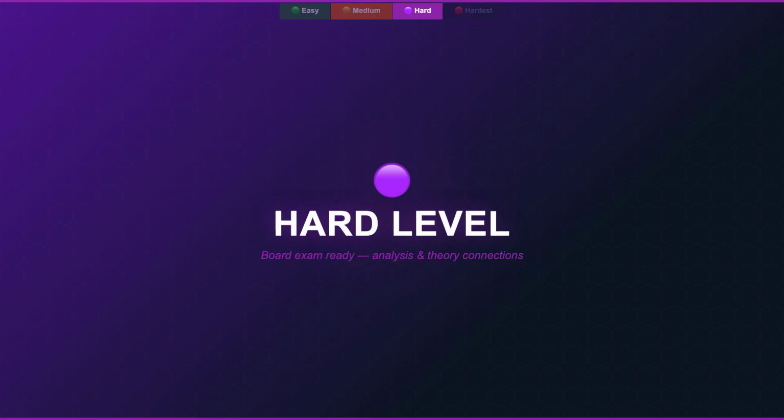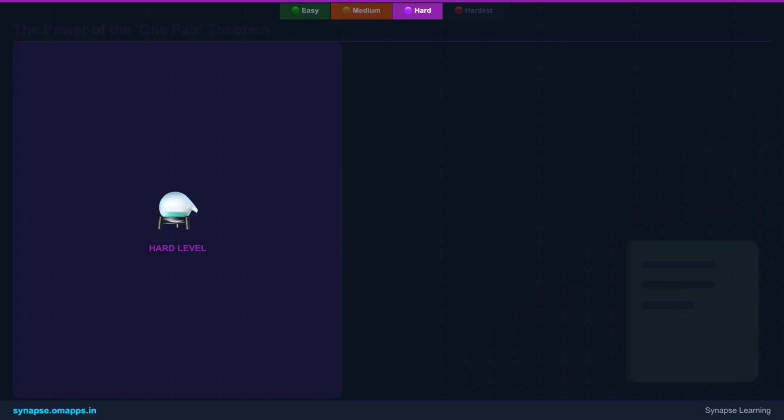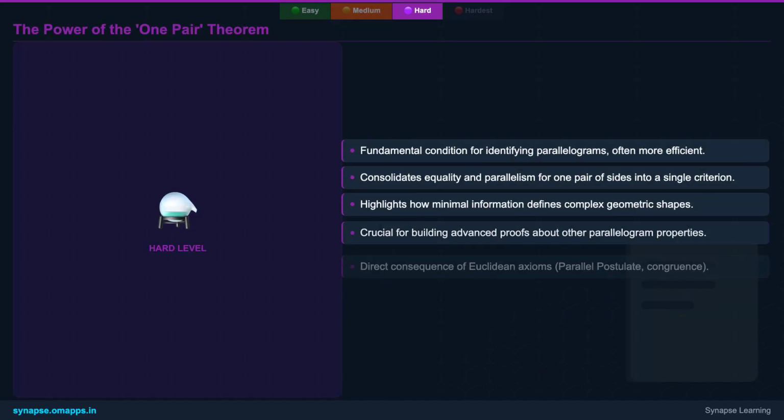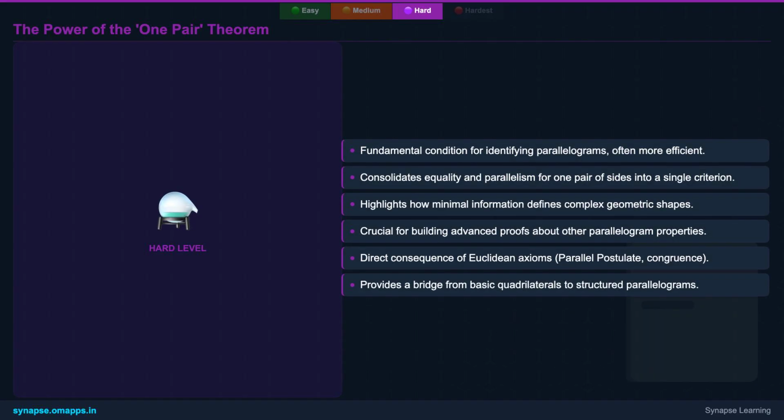Welcome to the hard level, where we'll analyze the theorem's deeper implications and connections. The one pair theorem is more than just a shortcut, it's a powerful and fundamental condition in geometry. It highlights how minimal, yet precise, information can define a complex shape.